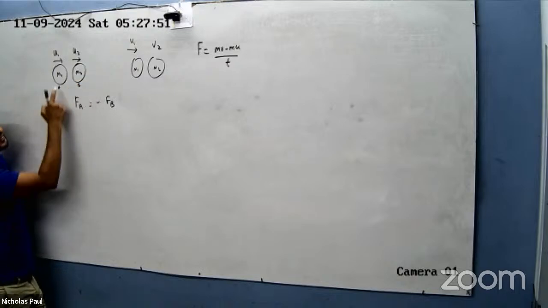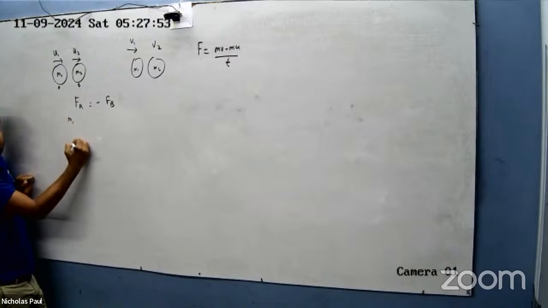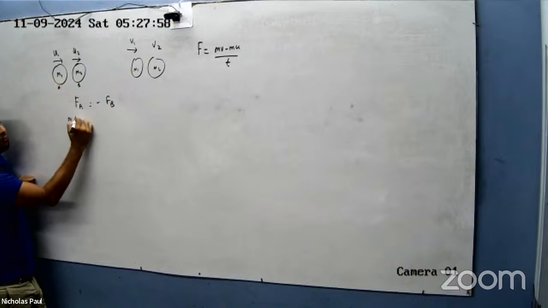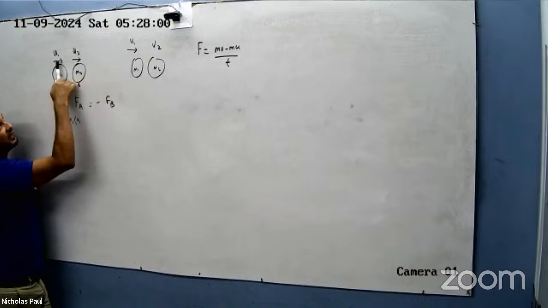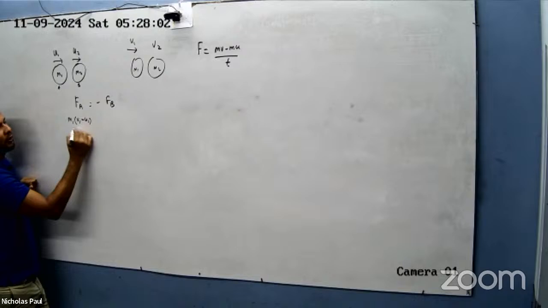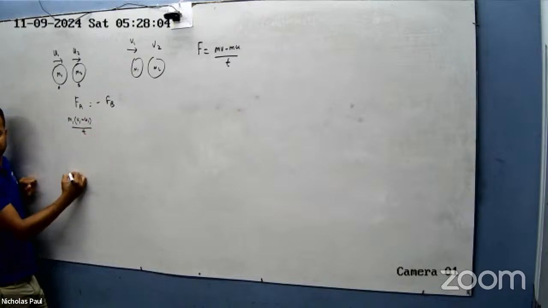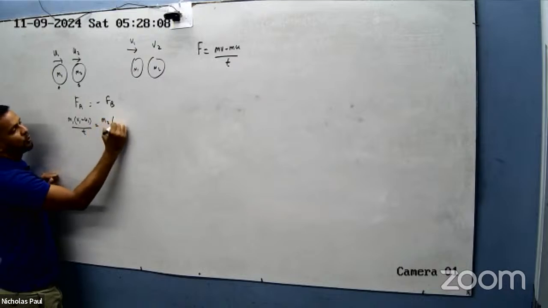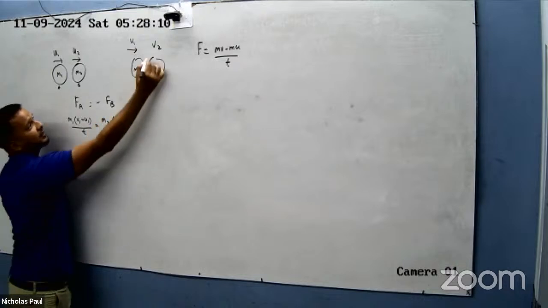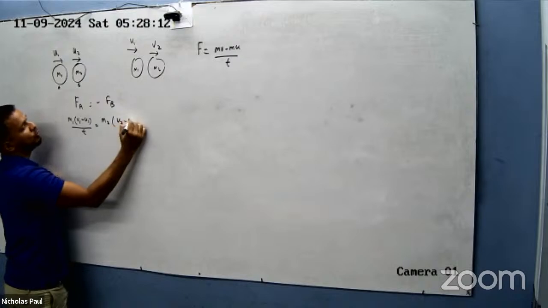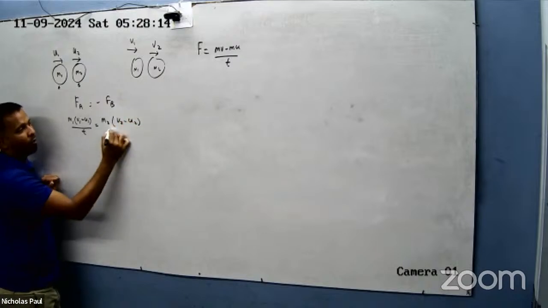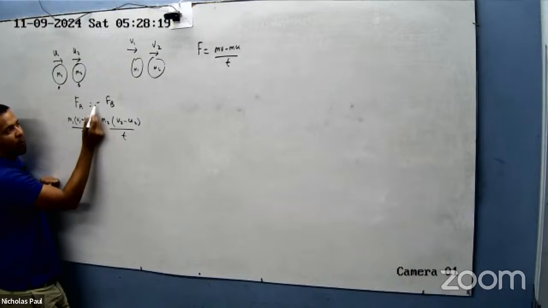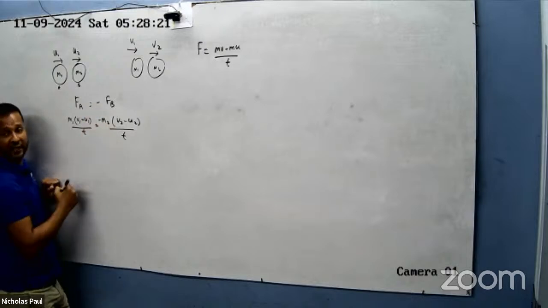The force exerted on A is the mass of A times the change in velocity, so the final is V1 and the initial is U1, all over T. That's okay? For object B, the mass is M2 and the change in momentum is M2 times V2 minus U2 all over T. But remember, these are equal and opposite forces, so I'll put in a minus sign here.